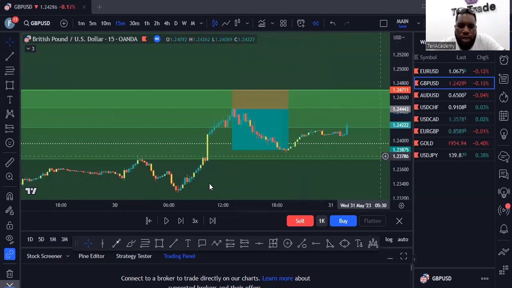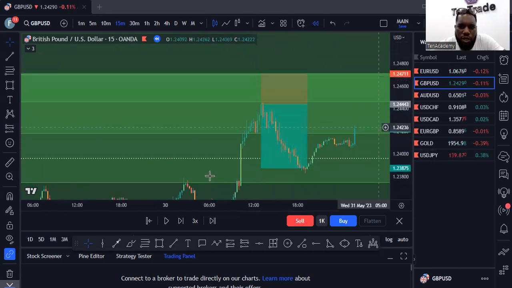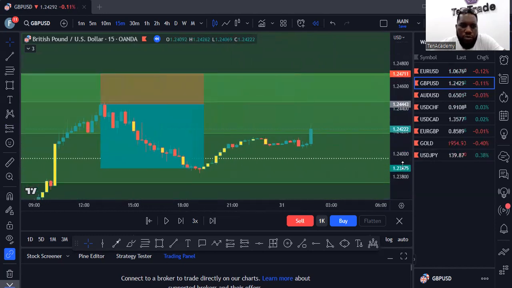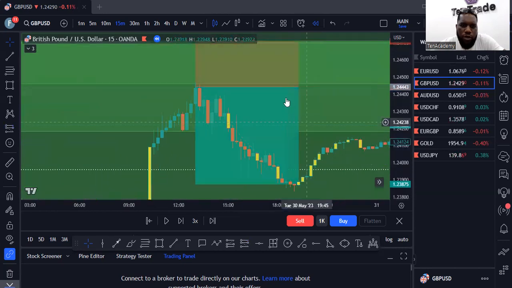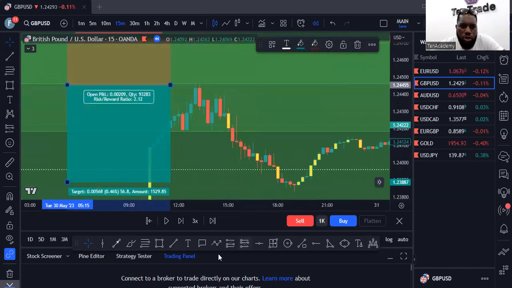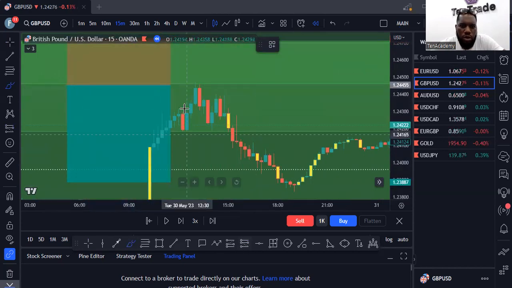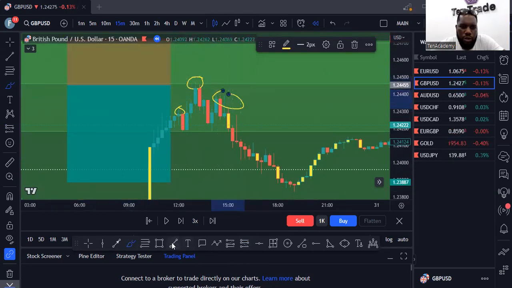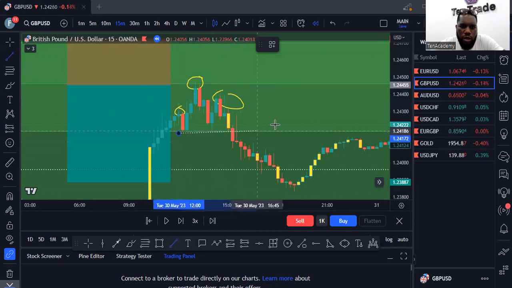If you missed that entry, you could have taken another entry, because over here price gave you a head and shoulder pattern. This being the left shoulder, the head, the right shoulder. Look at the neckline here.